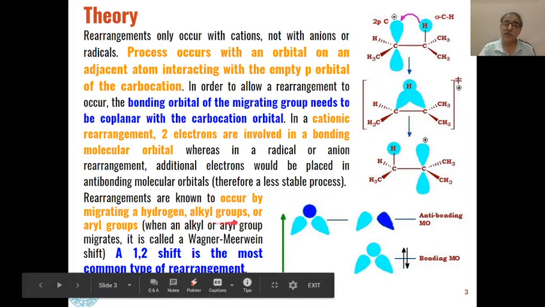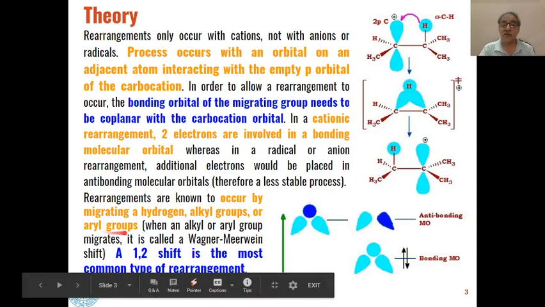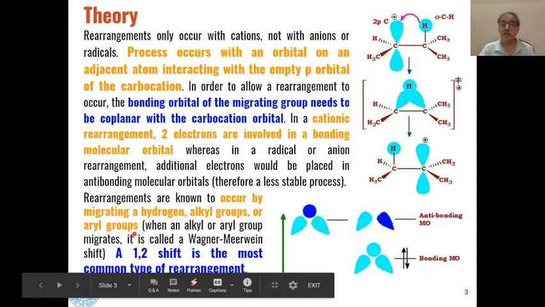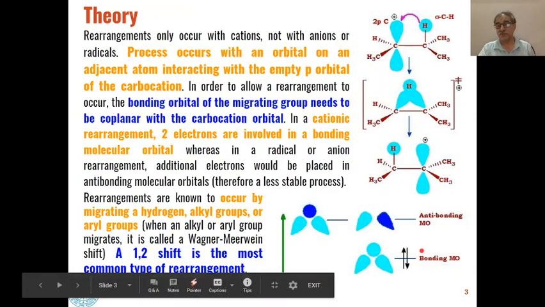So an alkyl group can also migrate, which we have seen even in the last slide, or aryl groups like phenyl or substituted phenyl can also migrate. And when an alkyl or aryl group migrates, then that rearrangement is called the Wagner Meerwein rearrangement. And this 1,2 shift is the most common type of rearrangement.